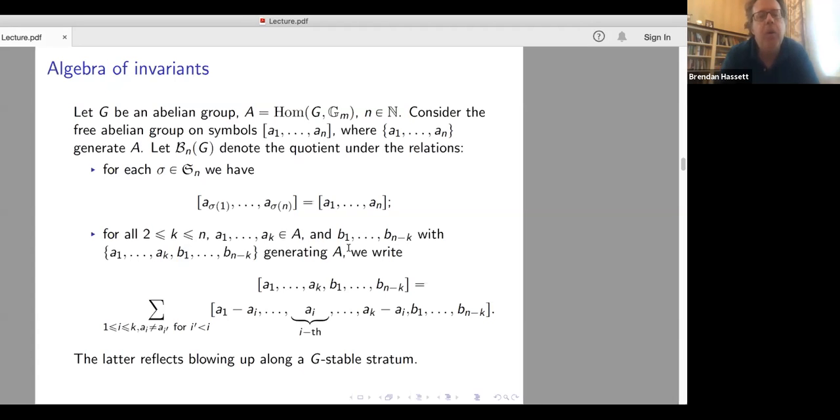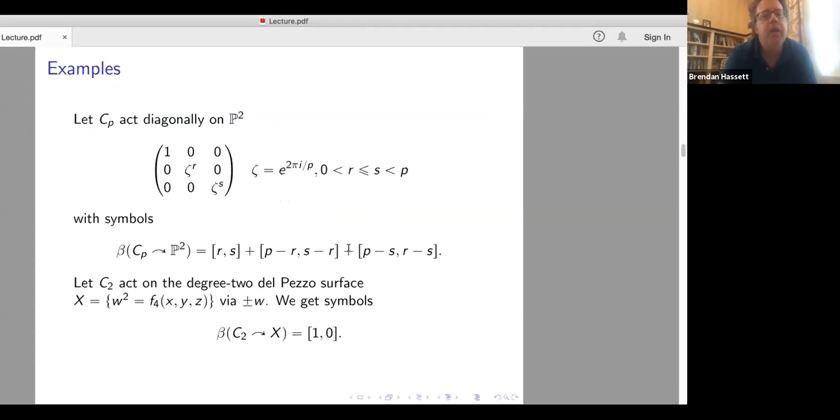I don't know if I want to say much more about this other than what I've written down, but in an example, going back to P2 with this diagonal action, I can blow up each of the fixed points and keep track of the action on the P1. On that P1, since I have a group acting, I can keep track of the 2 fixed points and record the weights for the action at those 2 fixed points.